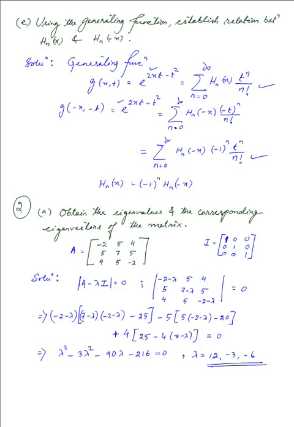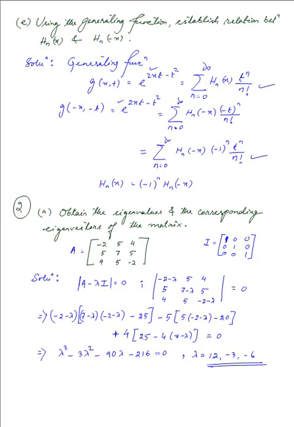So we put lambda equal to 12 over here, and we get minus 2 minus lambda to be equal to minus 14, 5 and 4, and 5, and in this case we had 7 minus lambda.